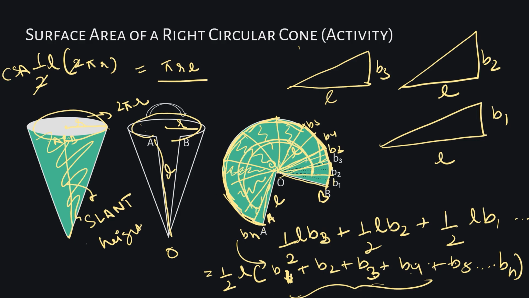We know that this would give us the perimeter of the base, since when we join the 2 points, we'll again get the cone, and this outer part is forming the base. So now we have just put it in half into L in this formula, and we have put 2 pi r because that is the perimeter, and we have got this CSA of the cone. So our CSA is given by pi r L.